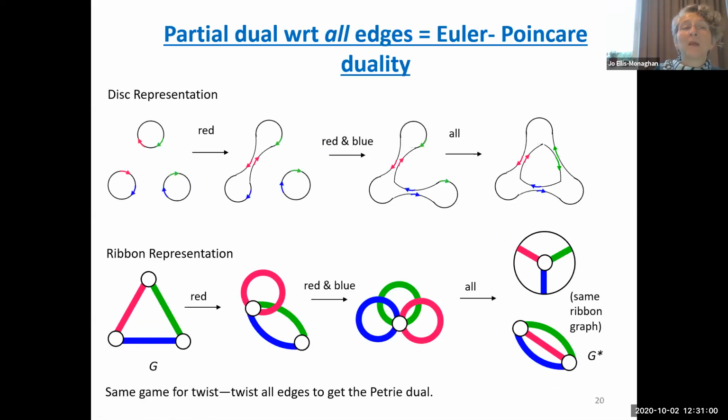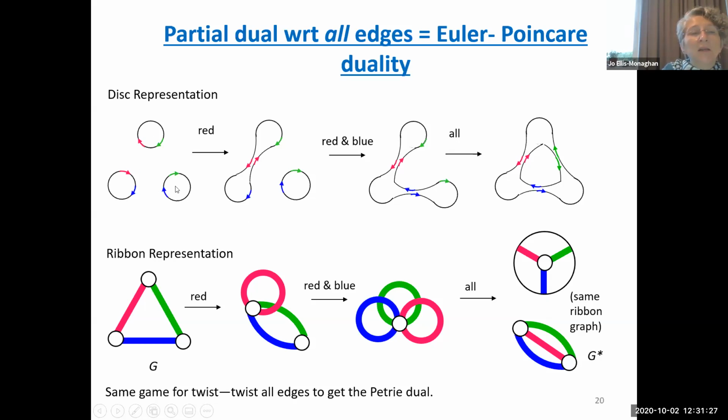All right. The nice thing is that if you take the partial dual with respect to all of the edges, it's the same as usual duality. So what's on this slide is the same computation. Up at the top, the computation is done with a disc representation. On the bottom, it's done with ribbons.